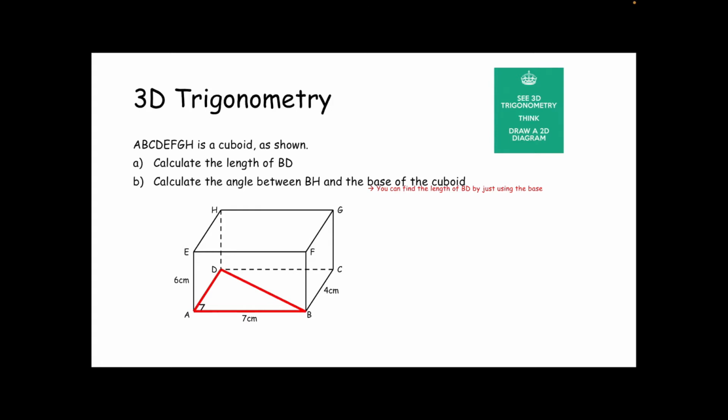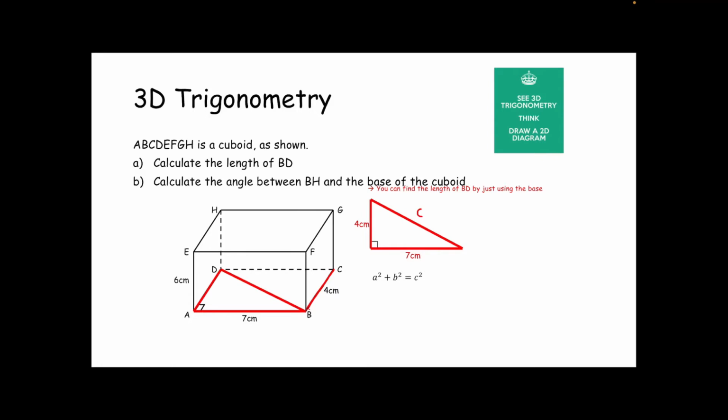Here we can see D to A and A to B form a right angle triangle. Let's draw this out separately and label our sides. We can see that A to B is 7 centimeters and A to D is 4 centimeters. This is the same as our opposite side here, BC.